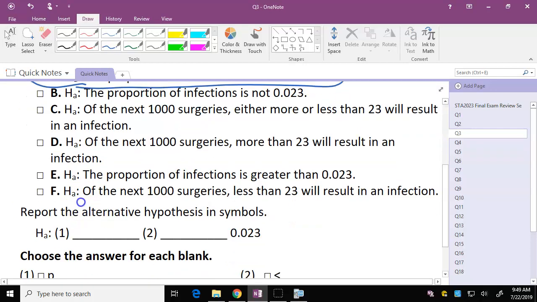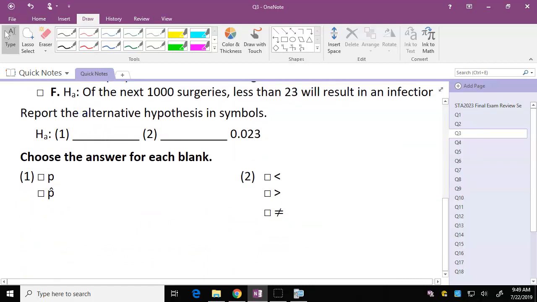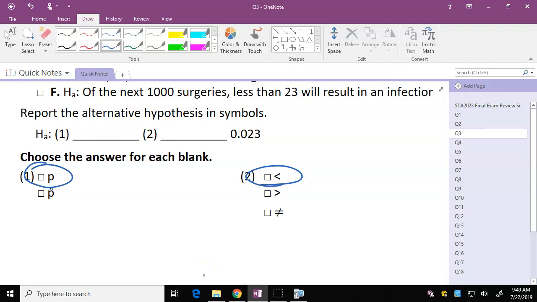So then down here, it says report the information. So is it going to be P or P hat? It's going to be P. Good. And then the symbol, will it be the less than, the greater than, or the not equal to? The less than. Good. There we go. So keep an eye out for some of those main words, like when you see lower than, decreasing, less than, things like that.